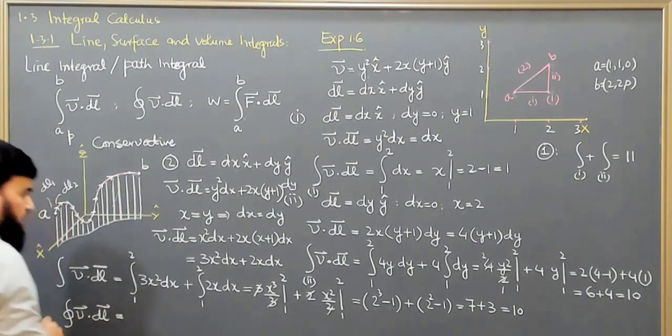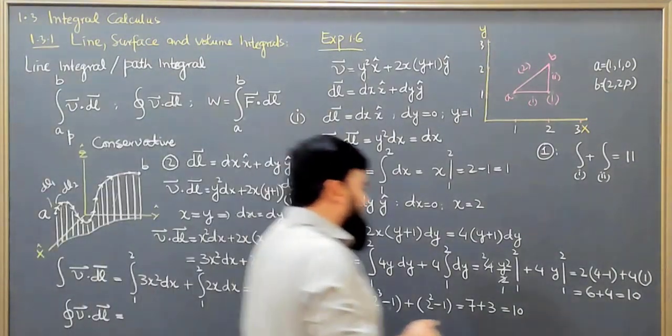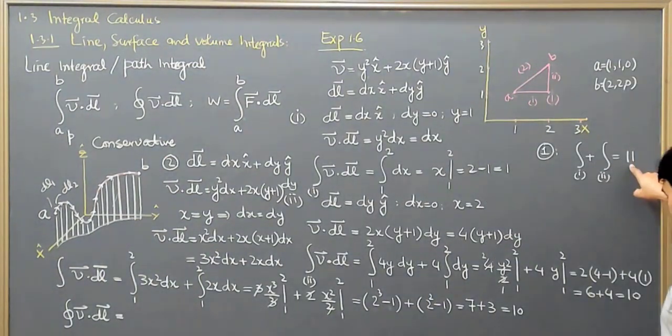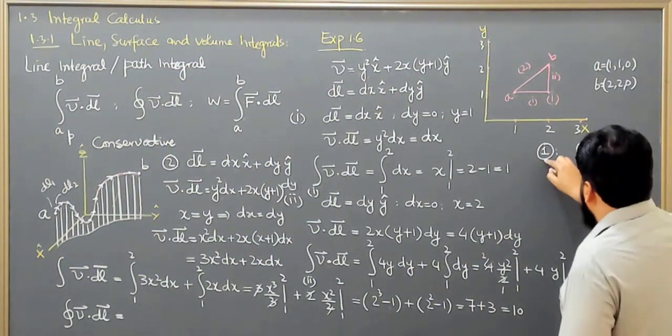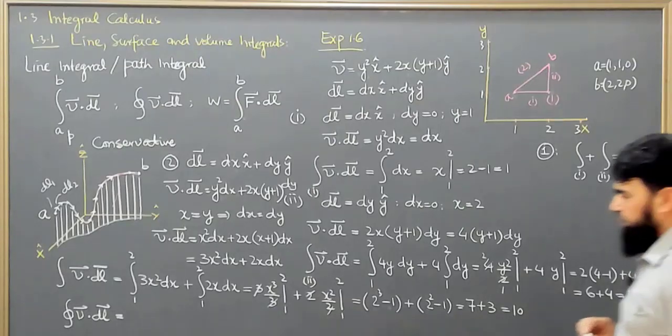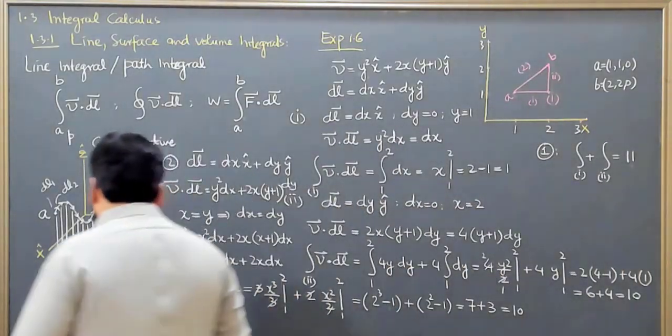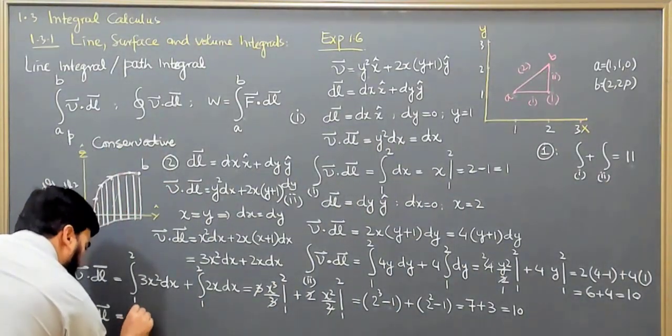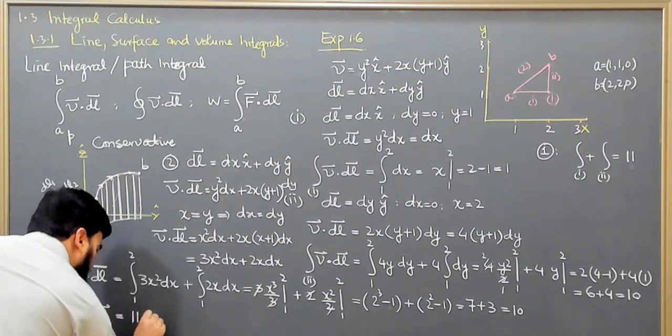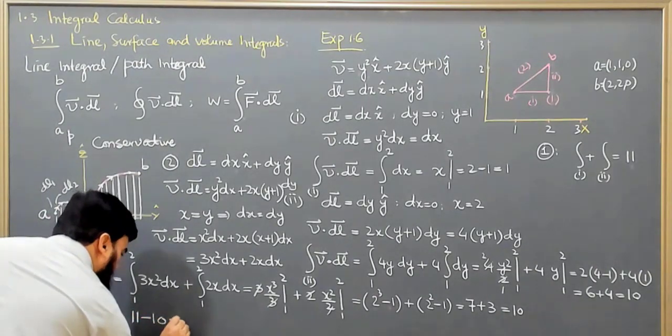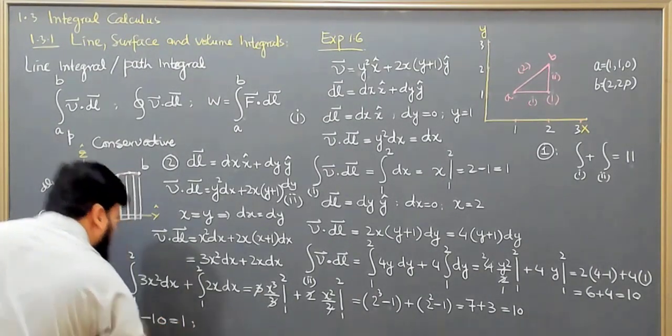As we had path 1 equal to 11 and path 2 equal to 10, we have 11 minus 10, and this comes out to be 1.